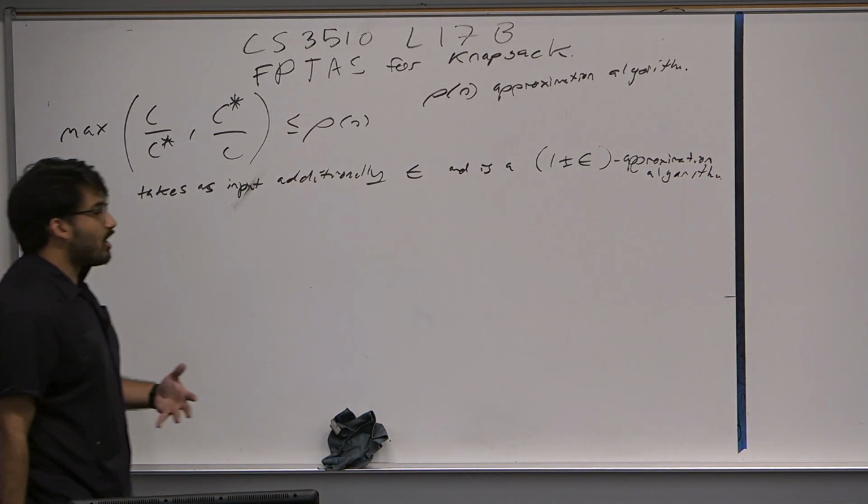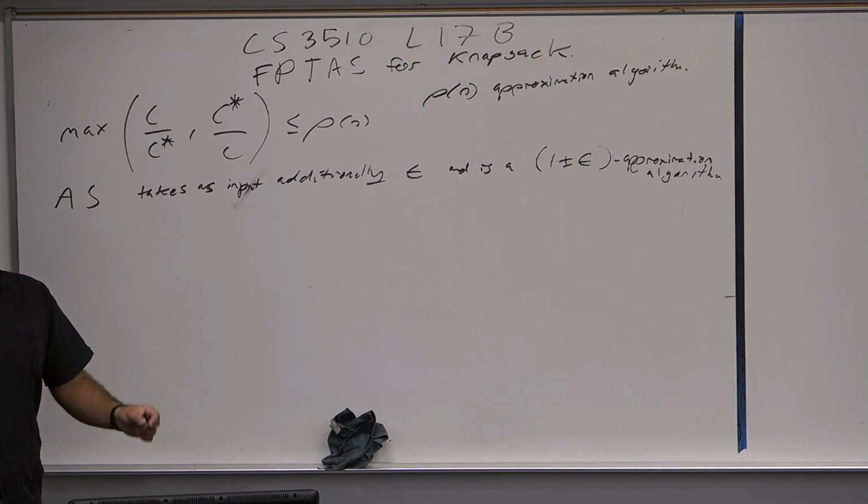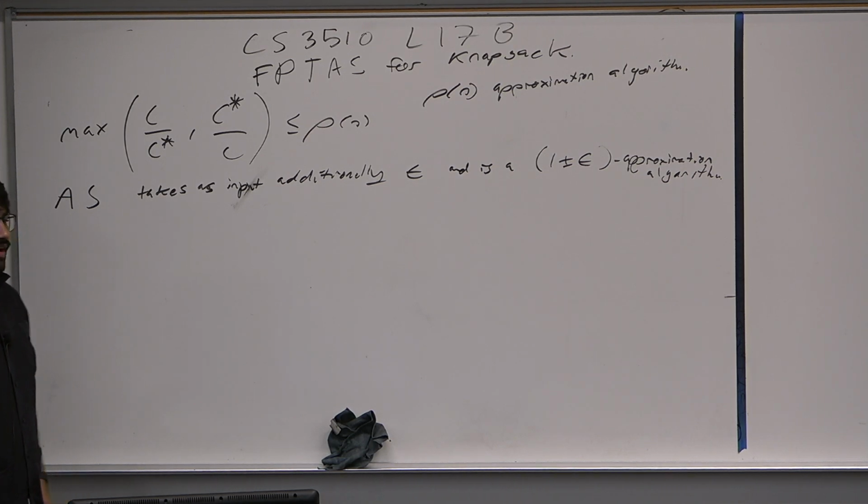So an approximation scheme is one which takes as input an extra number and allows you to say how accurate or how inaccurate you want it to be up to this factor.